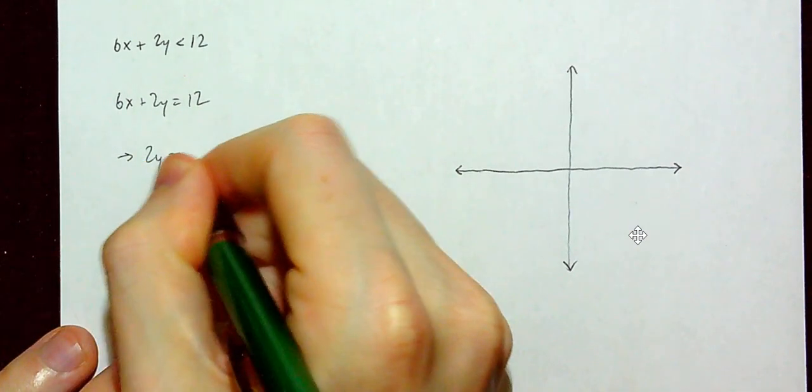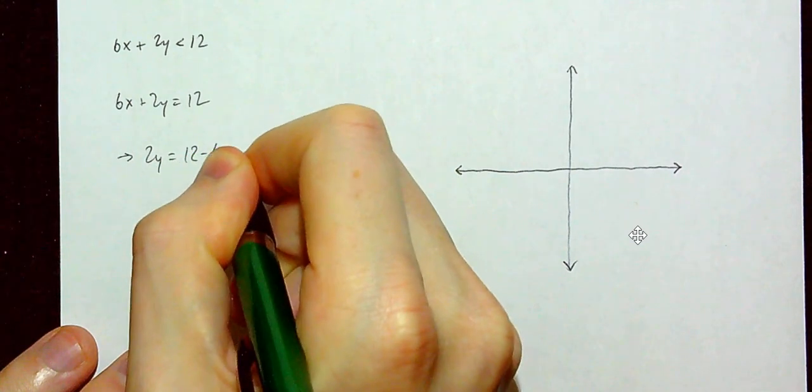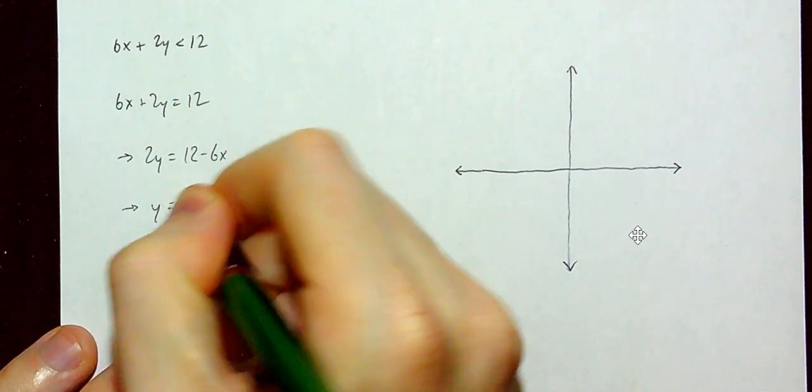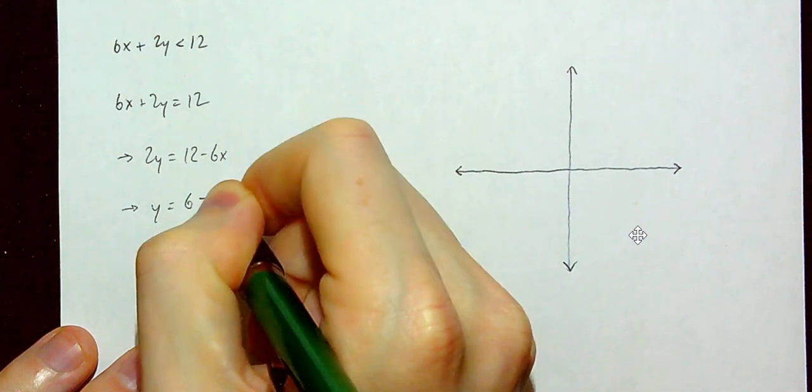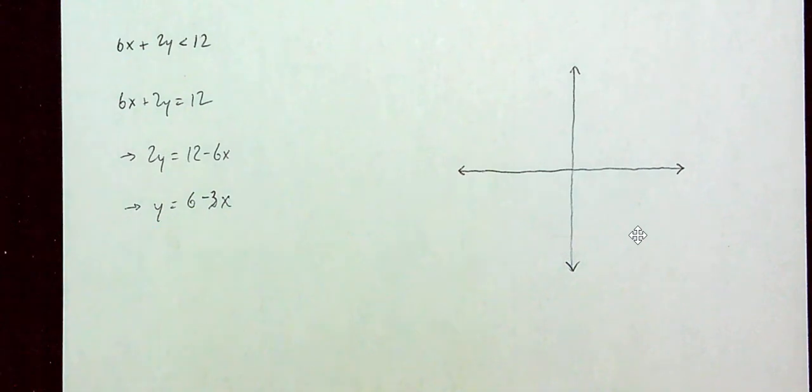So this means 2y is equal to 12 minus 6x, and that means y is equal to 6 minus 3x. So this is the line I'm going to draw.